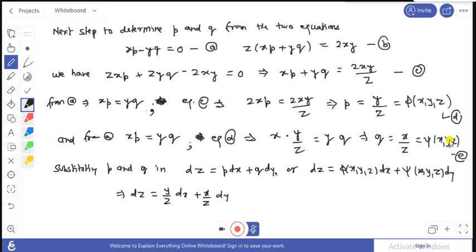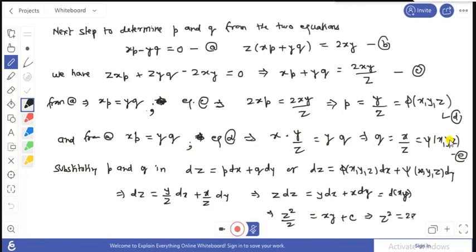This implies z dz equals y dx plus x dy. If we integrate this, z square by 2 equals x dy plus y dx, which is simply d of xy. Integrating gives xy plus an integration constant c. So z squared is 2xy plus some constant k.